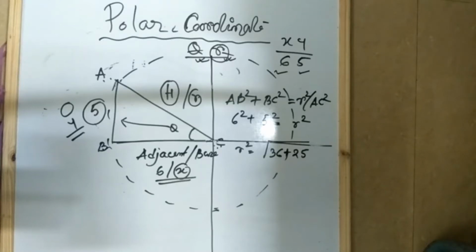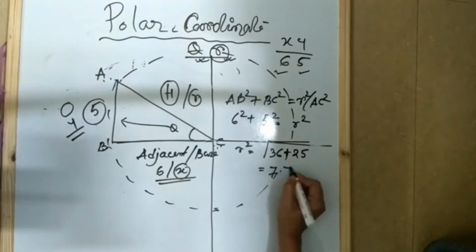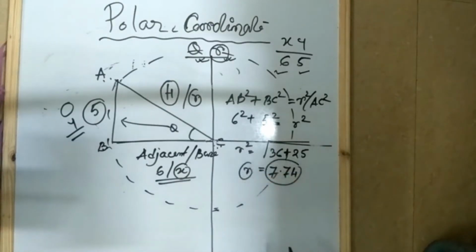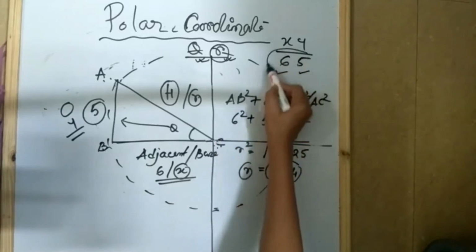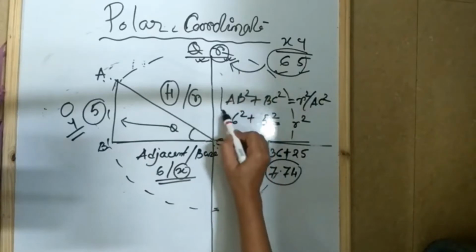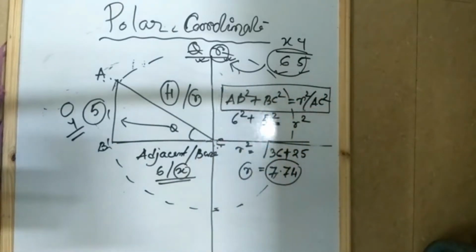The value of r is 7.74 something. So you can easily find the r value from the x and y values by using that formula, AB squared plus BC squared is equal to AC squared.